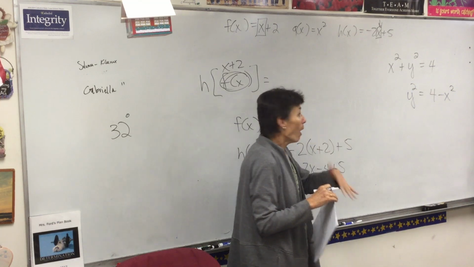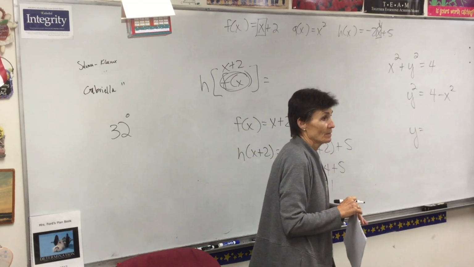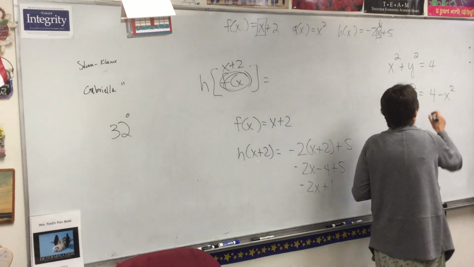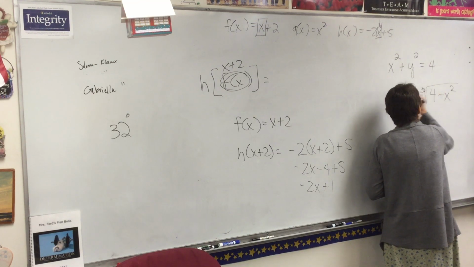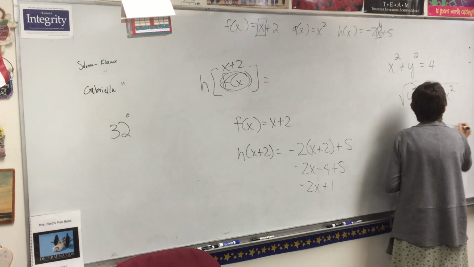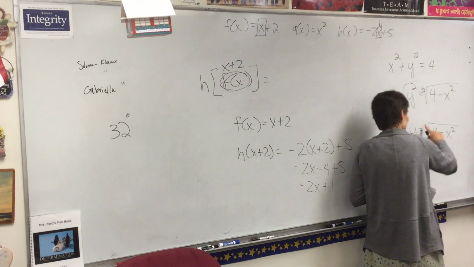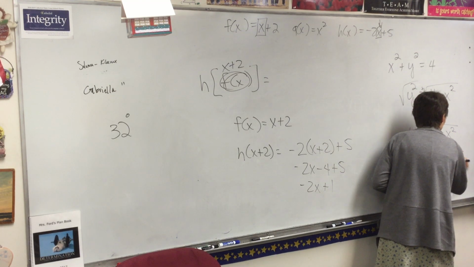Now I need to get y completely by itself, so I need y equals. So what am I going to have to do? Square root. But when I square root, kids, I have to do the plus or minus. So one of my implicit functions is the positive square root, and the other one is the negative square root.